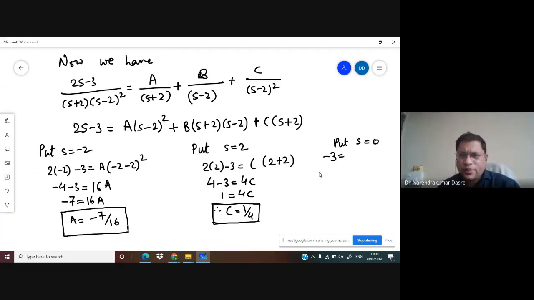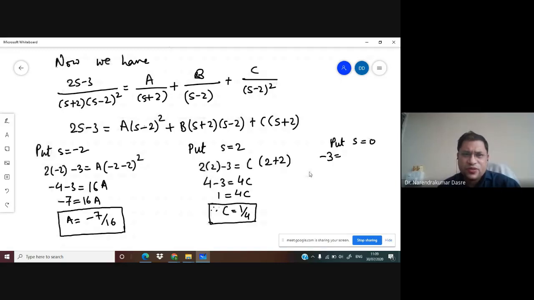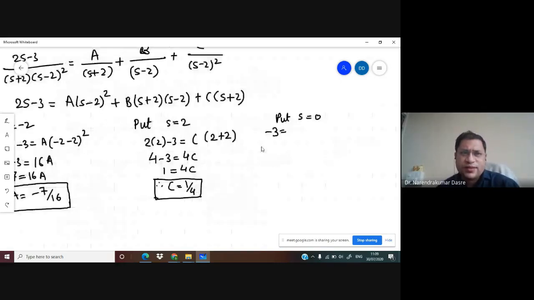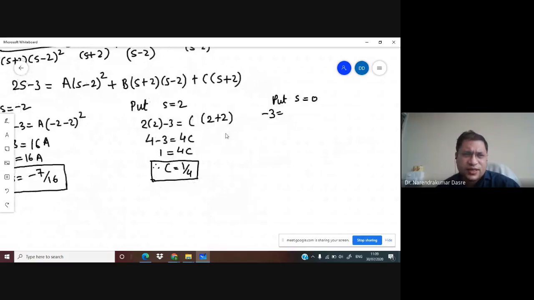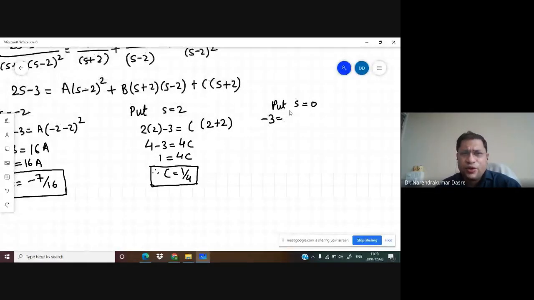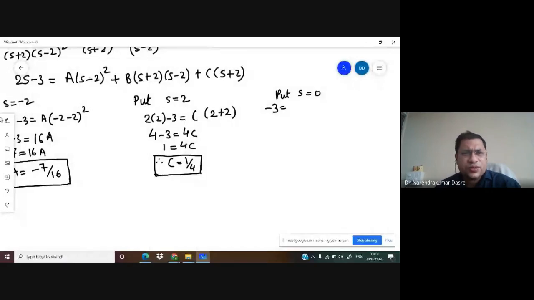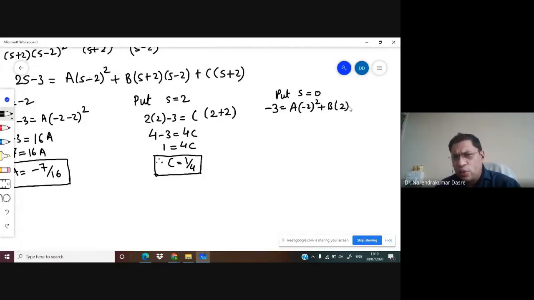and now what happens on the right hand side? As I put S equal to 0, on the left I'll get -3. Then I'll have A into (-2) square, plus B into (2 and -2), plus C into 2.